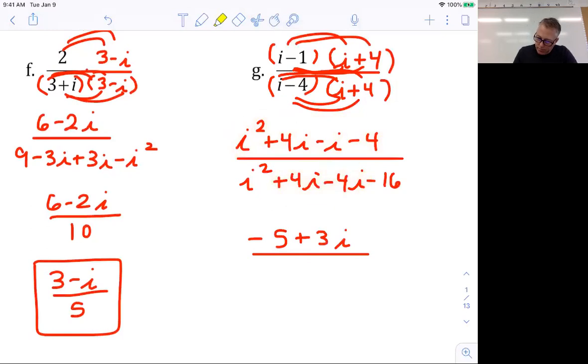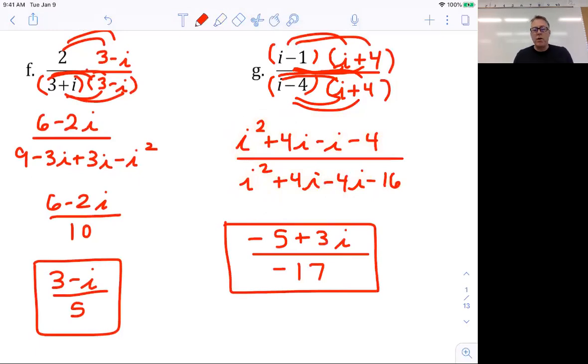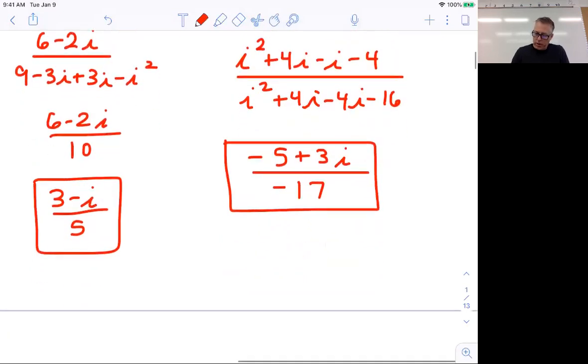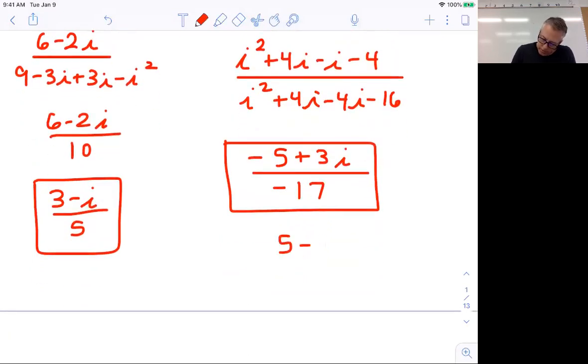I have i squared, which is negative 1, minus 16, which is negative 17. So our answer doesn't simplify at all. We could move the negative up top, and you could write that as, distributing the negative, 5 minus 3i over 17, multiplying top and bottom by negative 1.